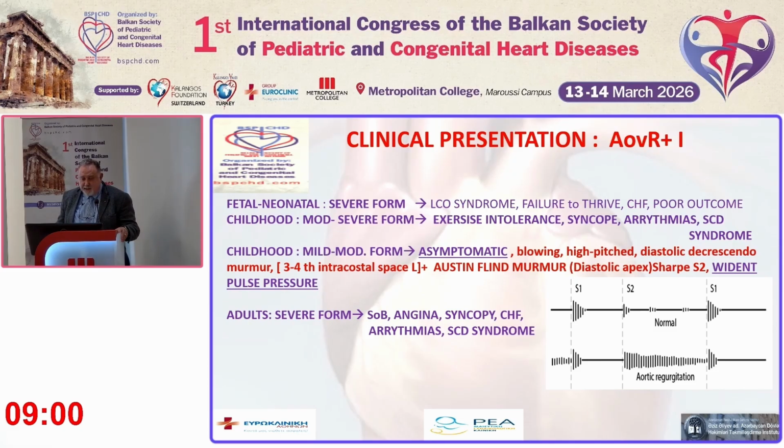Also, the clinical examination in these patients is very decisive for the diagnosis because although the child can be asymptomatic, when you examine the child, you will find this low-pitched, high-pitched diastolic decrescendo murmur, and also you will be able to hear the diastolic apex Austin Flint murmur that these patients have, with a widened pulse pressure.